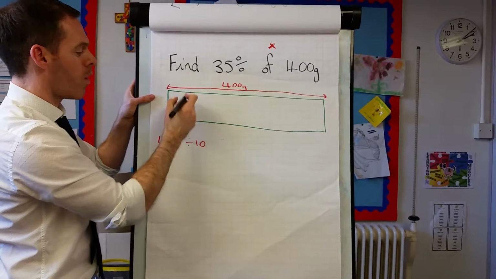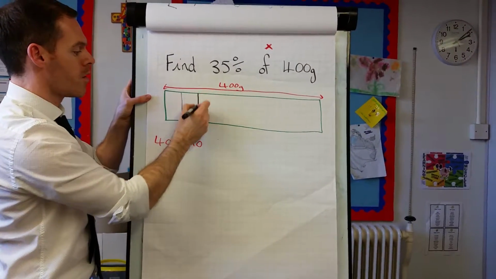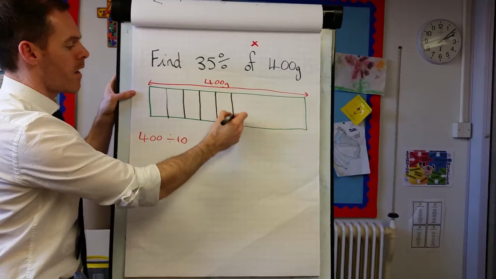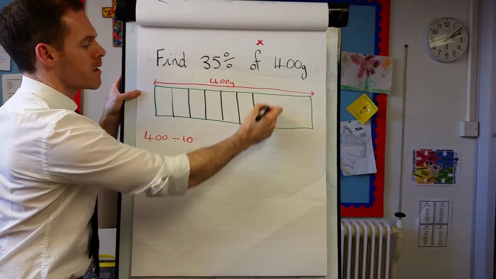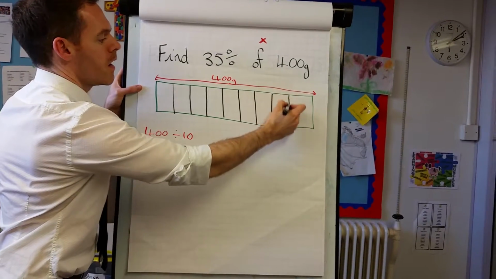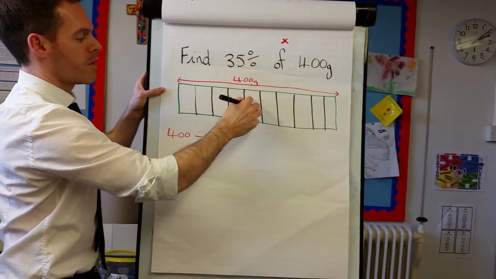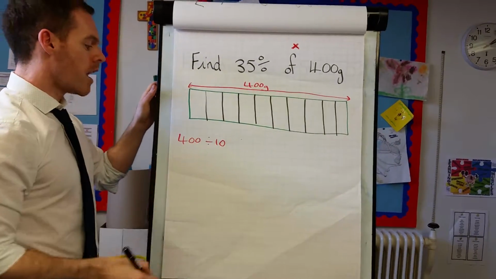1, 2, 3, 4, 5, 6, 7, 8, 9, 10. 10 equal parts.